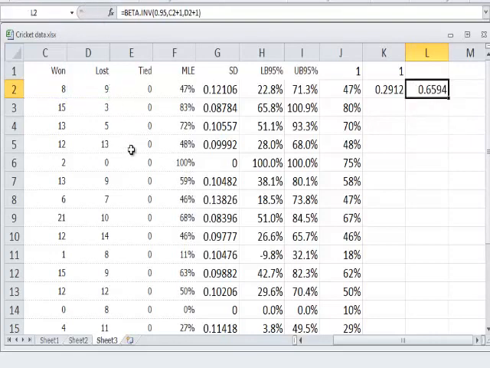Okay, so the 95% confidence interval, according to the Bayesian theory, is going from 29% to 65%.